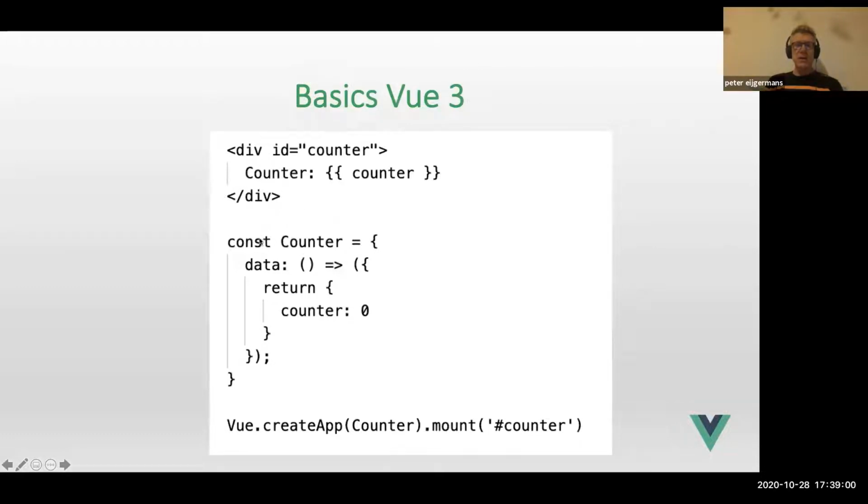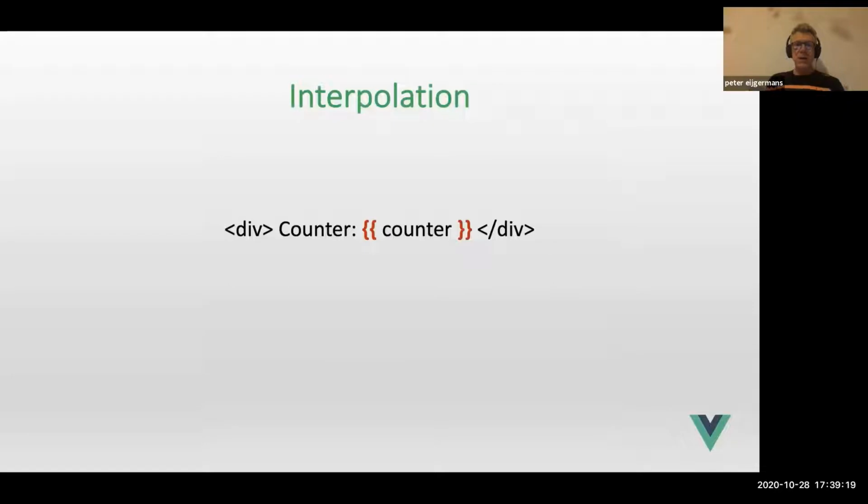Here in the middle, you see how I define the component counter with a counter in the data section, of course. Underneath, you see that I now use Vue.createApp to spin up this component and render it. You can use interpolation to render your data on your screen. It's a very simple way.